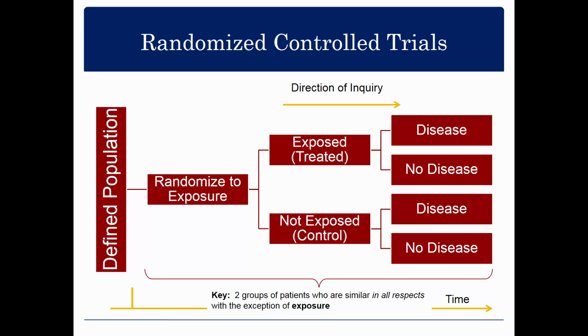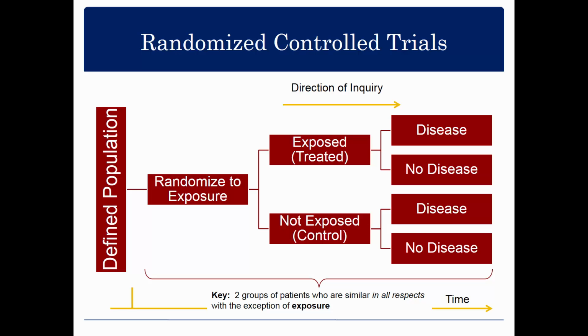The key here in a randomized controlled trial is randomization. Randomization ensures that the two groups that we're comparing are similar in all respects with the exception of the treatment that they receive. Randomized controlled trials, by the way, can contain more than two groups.